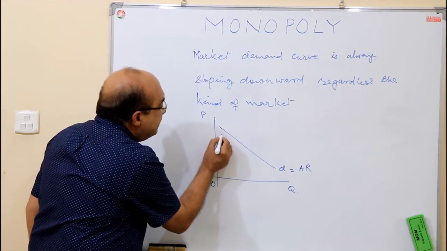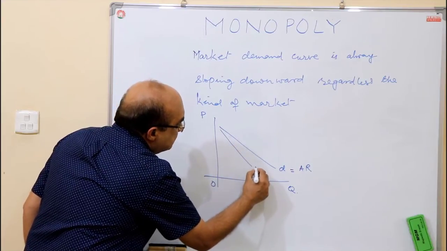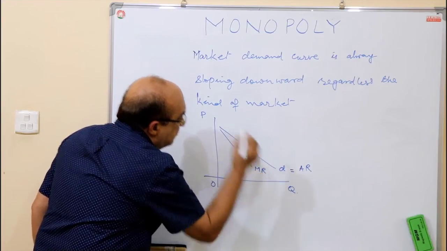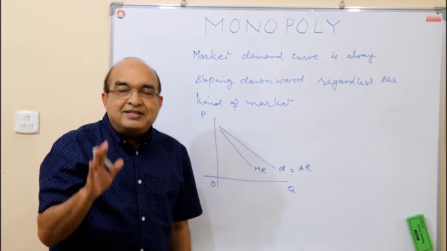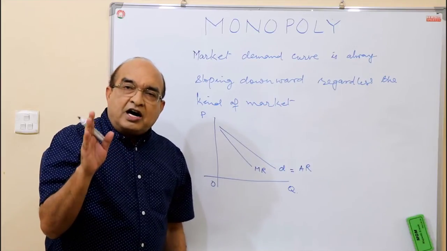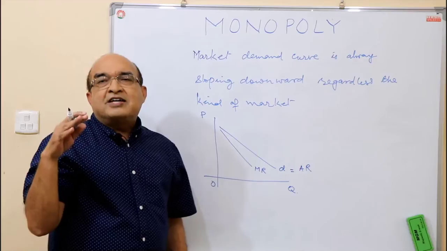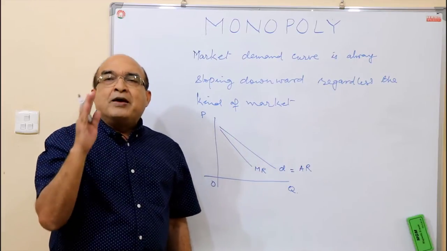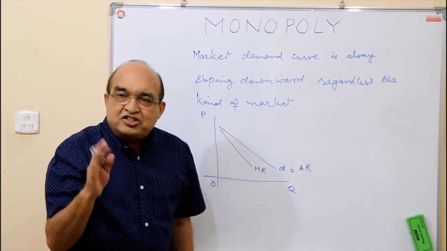The marginal revenue curve, at each level of output, has to be less than the average revenue, because, as I have already told you, so long as average revenue is declining, marginal revenue will be less than average revenue.